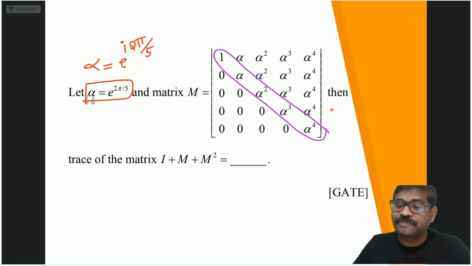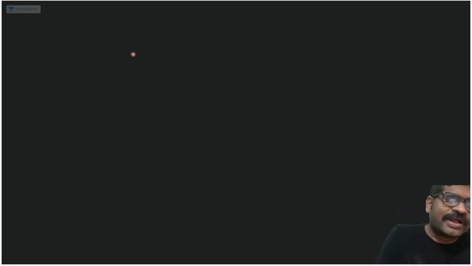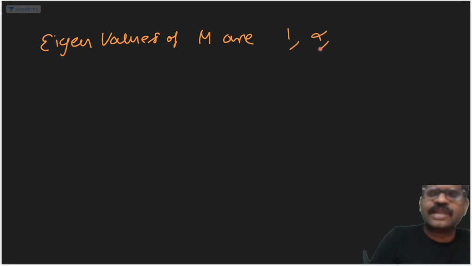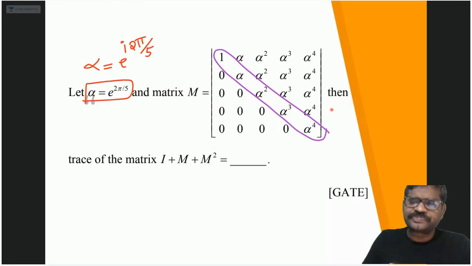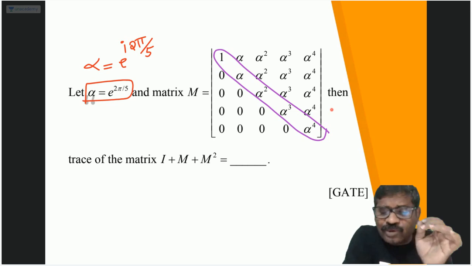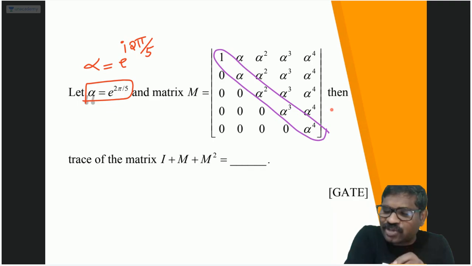That's why we can write eigenvalues of M are its leading diagonal elements: 1, alpha, alpha square, alpha cube, alpha power 4. Concentrate here. I am explaining here.